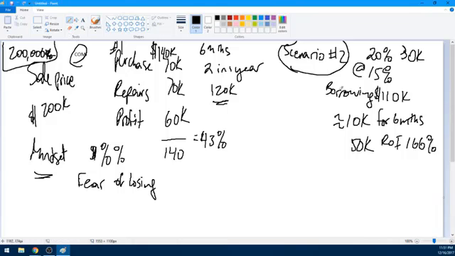Because each deal will cost you $30,000, and let's just assume that you can find similar deals throughout the year in your market. If you're in the same market, more or less, you're going to run into the same numbers. Each deal is going to cost you about $30,000 to get into. You're going to profit about 50K in each deal.